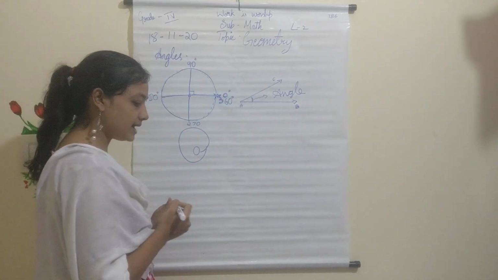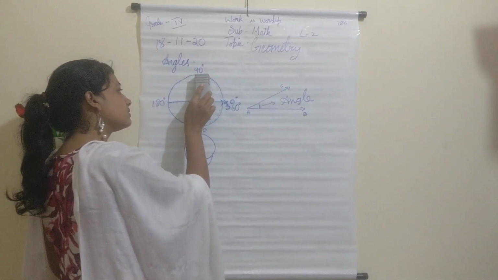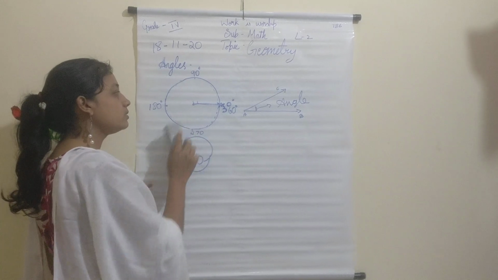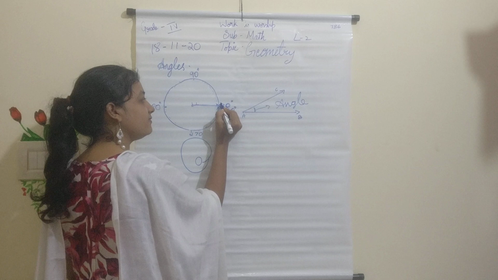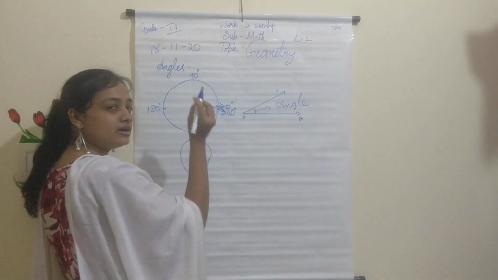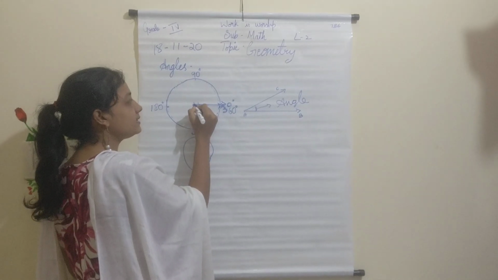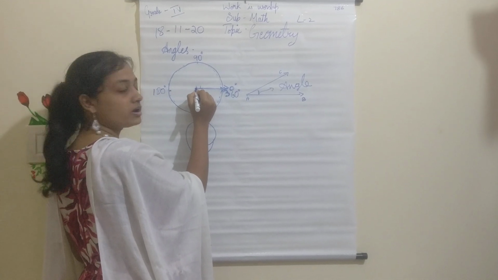So, let me rub the others. Now, one ray will be fixed here. The other ray will be movable. It means it can move in this direction or any direction, but this point will be fixed. This point can't be moved.